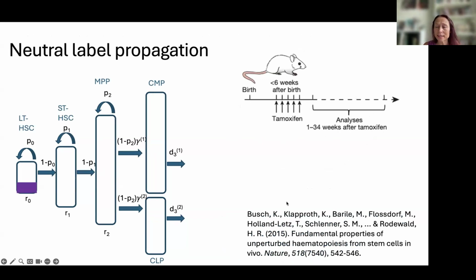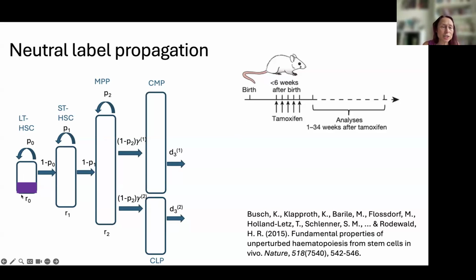So this is what we were able to do. We used the data that appeared in this paper, experimental paper, and this is a very ingenious method of measuring things in a live mouse. So they put some substance into the cells in the most upstream compartment, long-term hematopoietic stem cells. And this substance is what they call a neutral label.